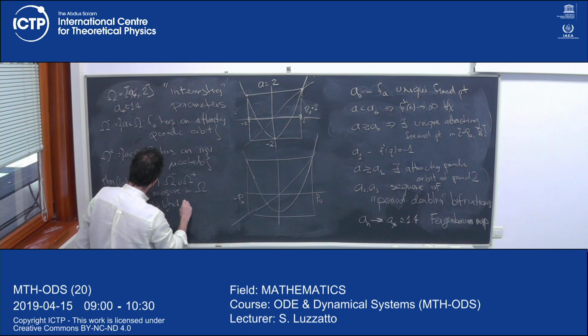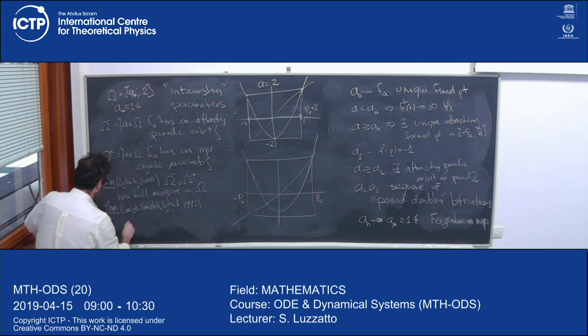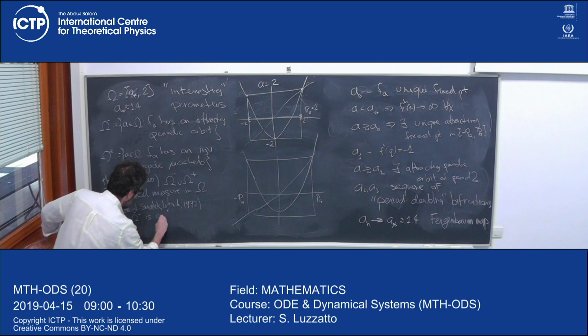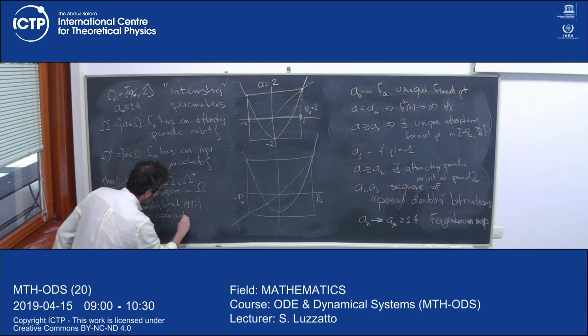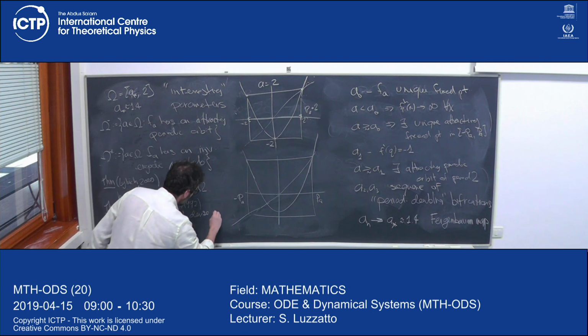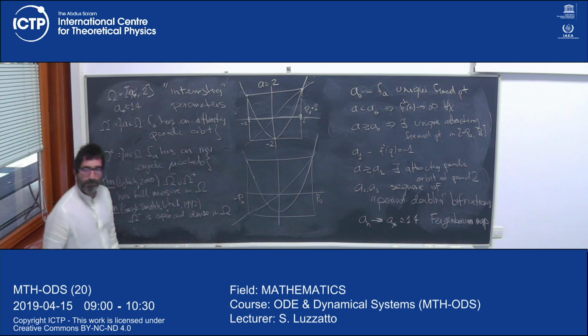Lyubich, this was earlier, actually, 1992. They proved that omega minus is open and dense in omega.